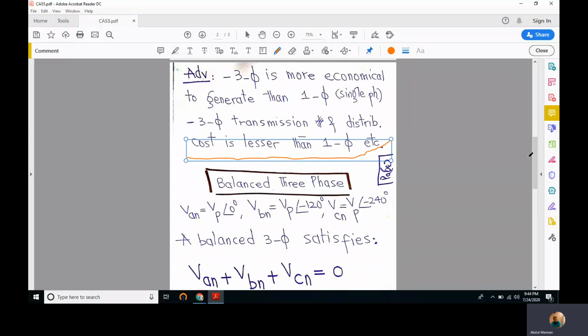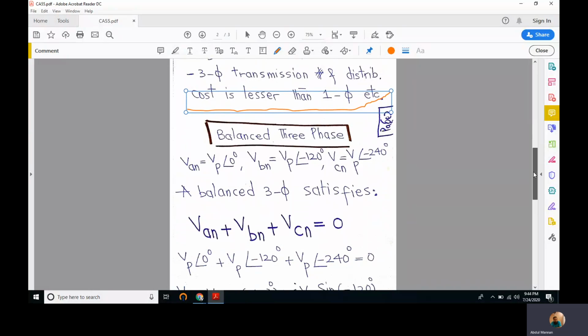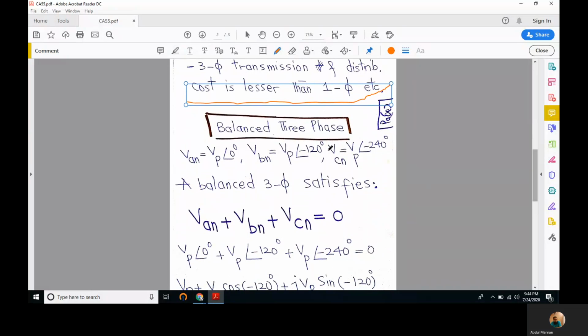A balanced three-phase circuit is the one which satisfies this condition: VAN plus VBN plus VCN is 0. Since all these three terms are complex, right? Why complex? Because we have a magnitude and a phase term, so therefore it's a complex number.